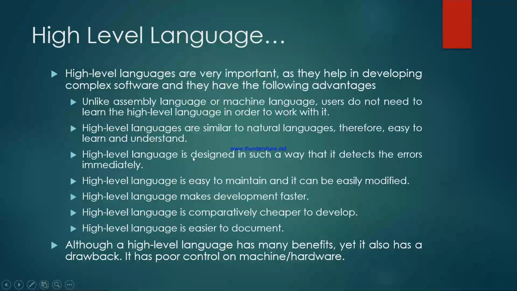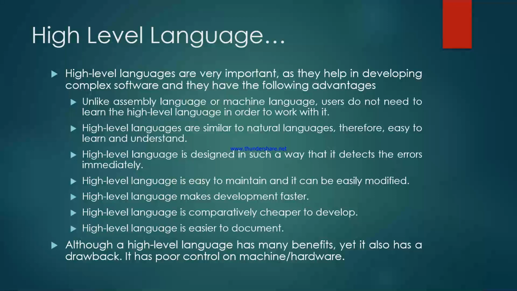High level language is designed in such a way that it detects errors immediately, and it is easy to maintain and can be easily modified. If you want to modify the program, in the case of a high level language we can easily modify our program. High level languages make development faster, and are comparatively cheaper to develop. Finally, high level language is easier to document also.